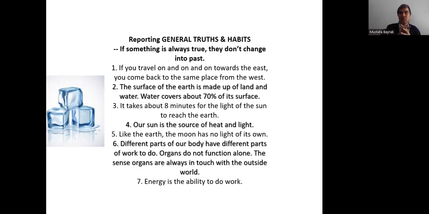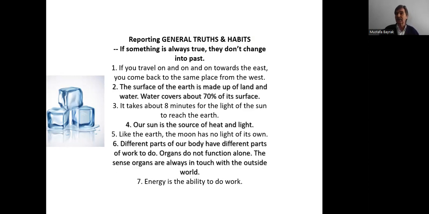Okay. For example, 2. The surface of the earth is made up of land and water. Water covers about 70% of its surface. Yeah, this also remains the same. 3, it takes about 8 minutes for the light of the sun to reach the earth.